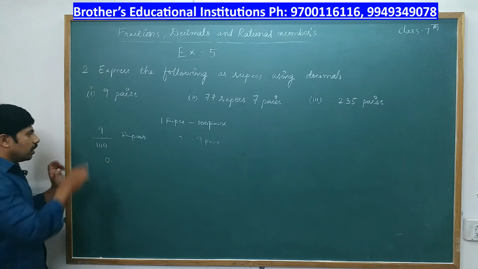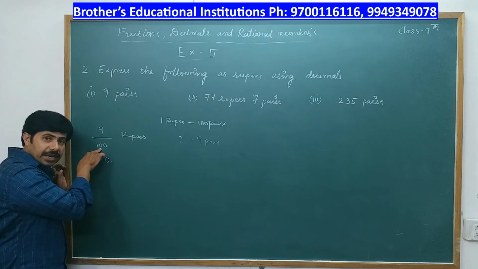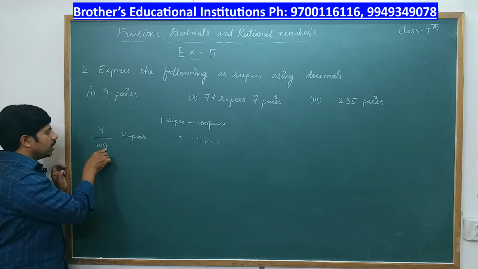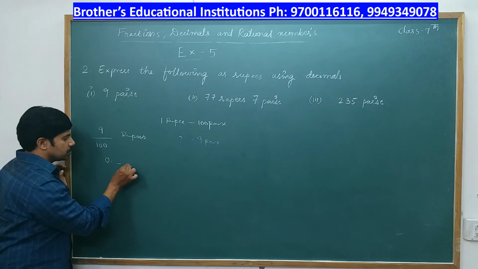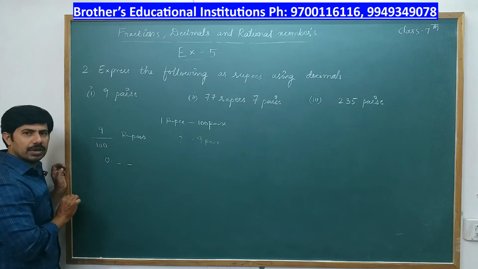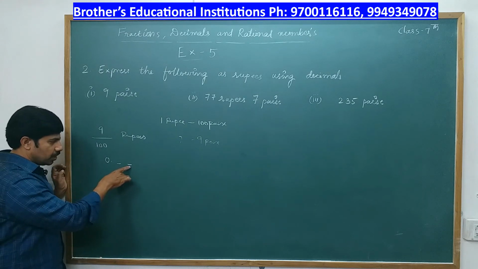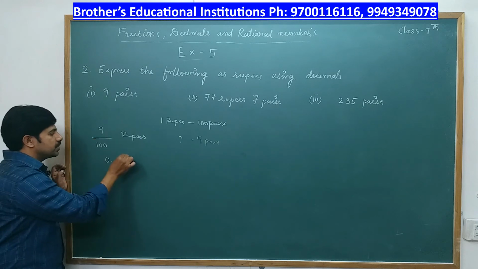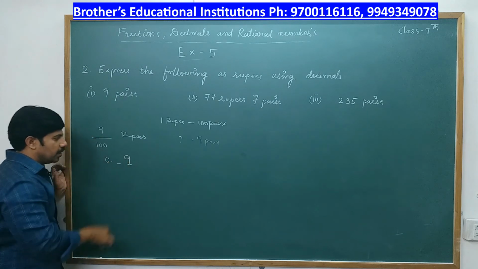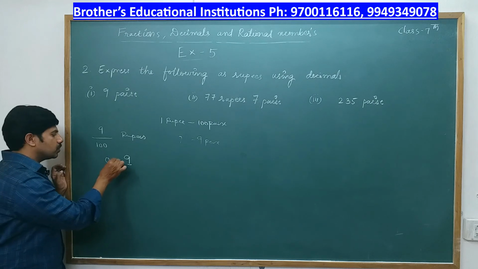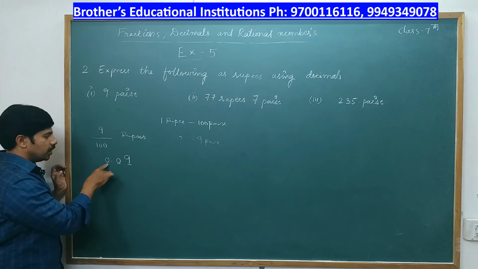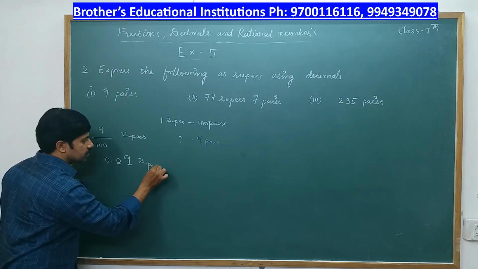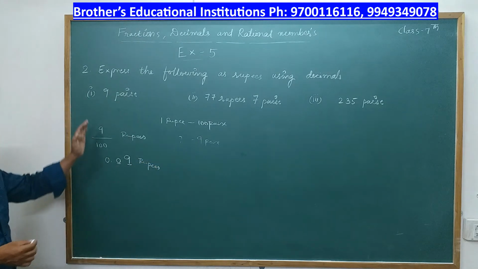So here whenever the denominator is greater than numerator, we have to apply this method. So write 0 point. For 100 we have 2 zeros. So just put 2 blanks. Okay, so in ones place you write the numerator which we have, that is 9. Already we wrote 9, but 1 blank is left out, so simply you put 0. So it is 0.09 rupees. Okay, so the first one is completed.